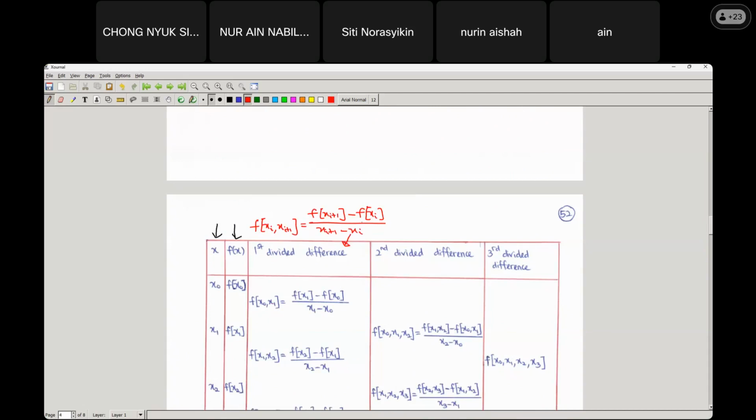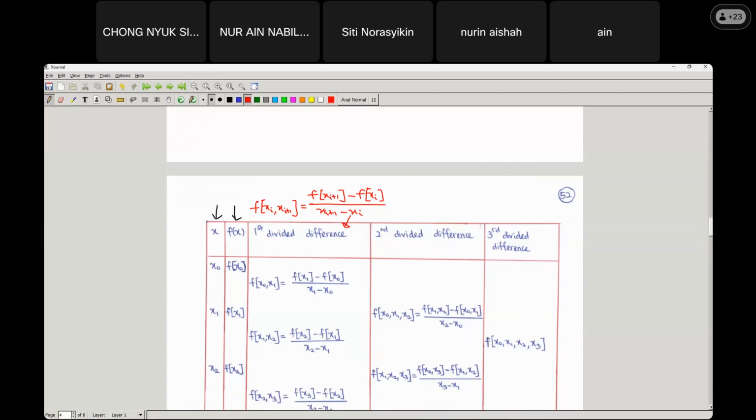Okay, so this is your first divided difference. When i is equal to 0, so I have 0, 1. So the formula is f(x1) minus f(x0) divided by x1 minus x0, okay?